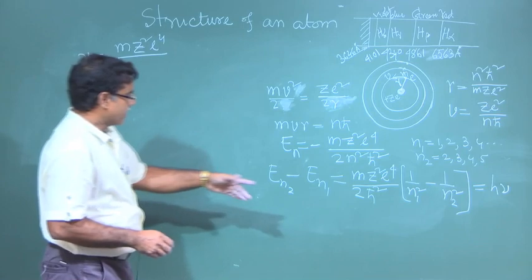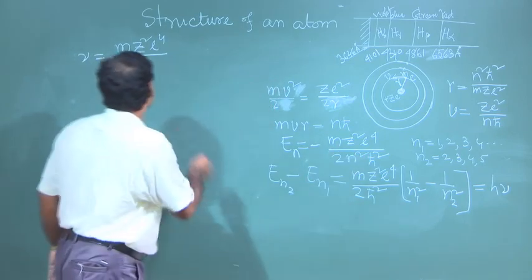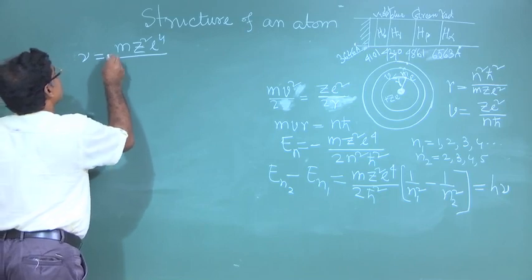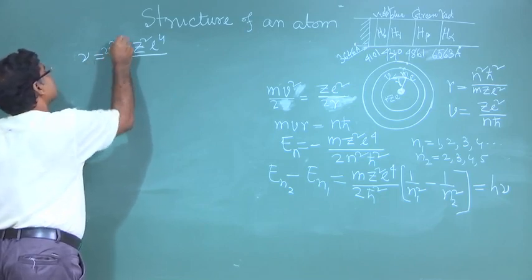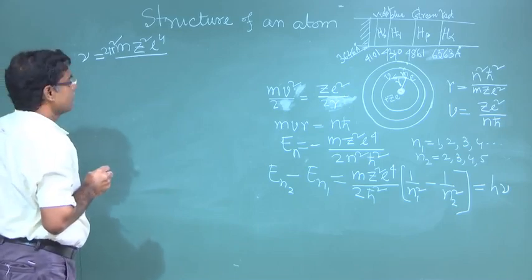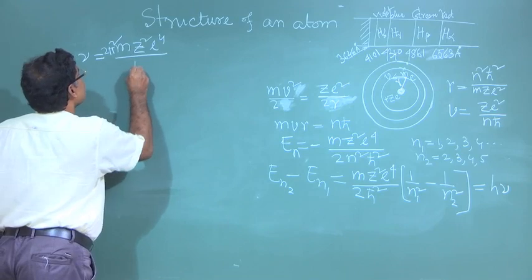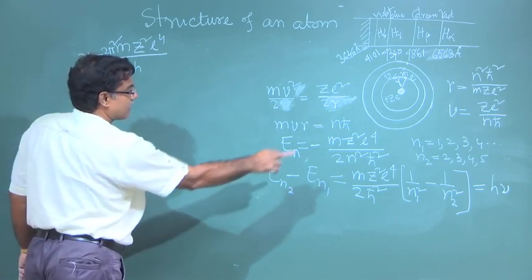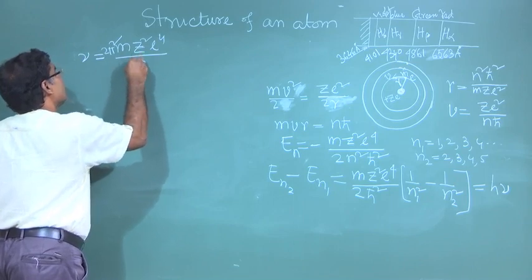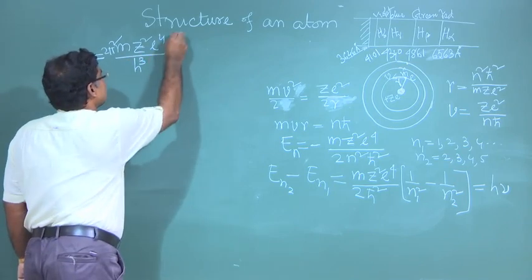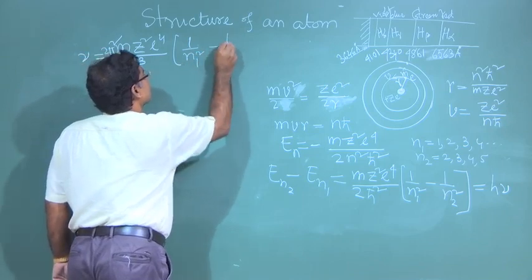So, the 2 I can take off. So here I can write 2 pi square m Z square e to the power 4. Now h cross square is h square by 4 pi square, and on the other side since it is h nu, it's h cube, and then 1 by n1 square minus 1 by n2 square.